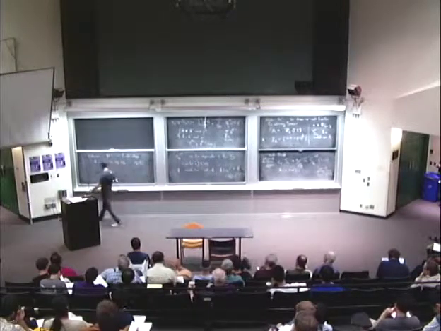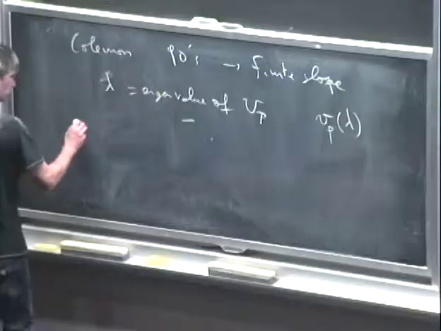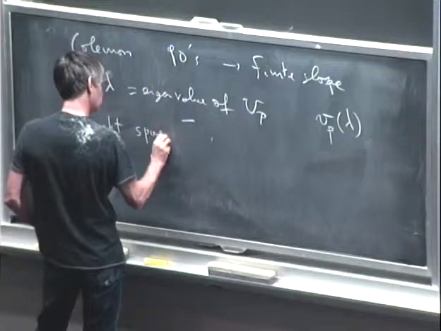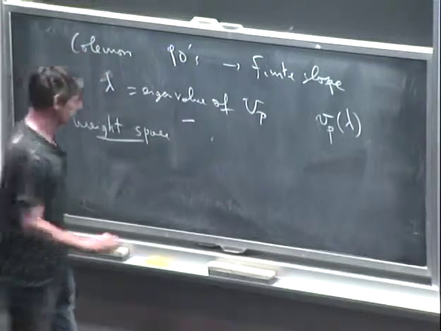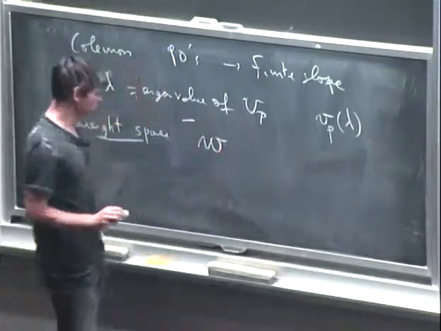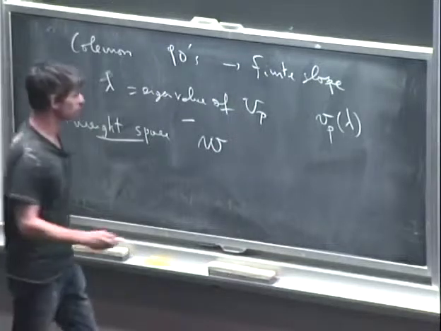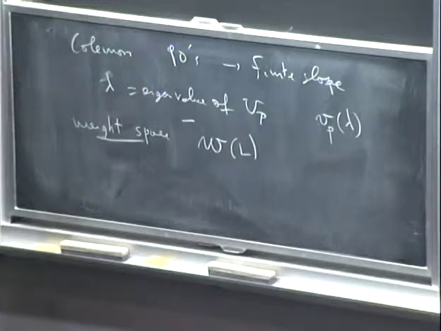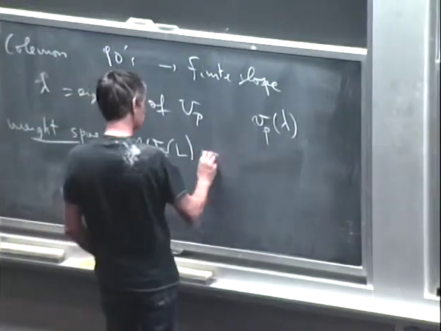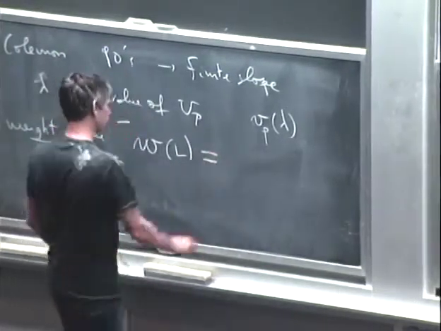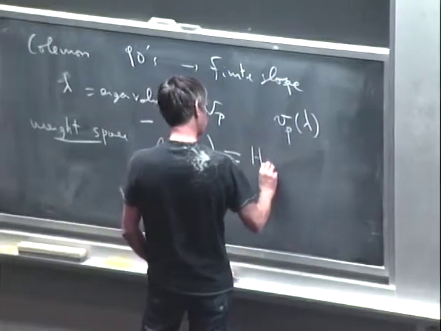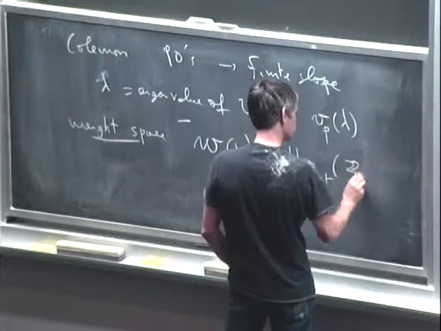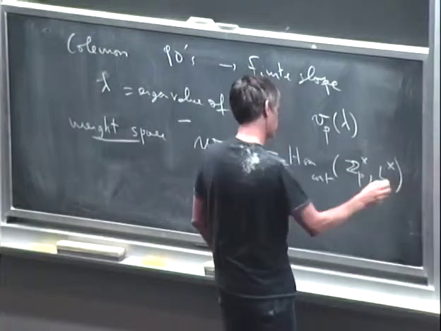And so for that, it's convenient to introduce the weight space now. So weight space is a rigid analytic space over Q_p such that if you take a finite extension L of Q_p, then the L-points of W are just given by the continuous homomorphisms of Z_p cross into L cross.